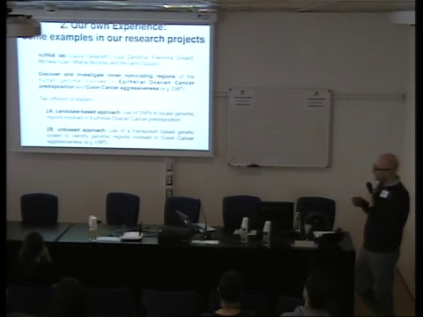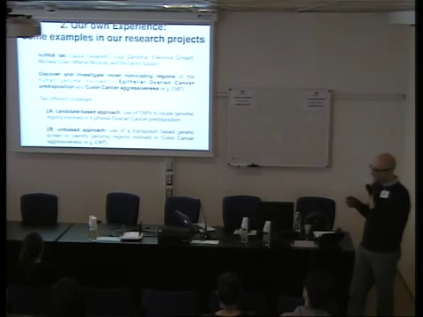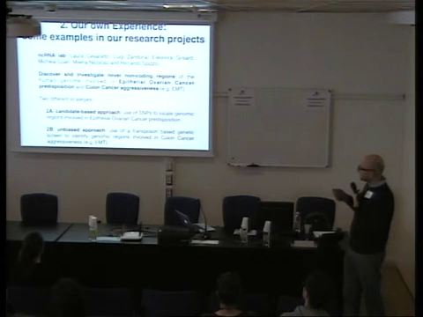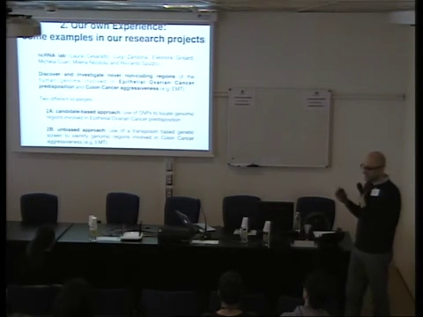I will show you two different strategies. One is a candidate-based approach, to discover and investigate novel non-coding regions involved in epithelial ovarian cancer predisposition. We used SNPs, so GWAS studies, to locate regions involved in epithelial ovarian cancer.